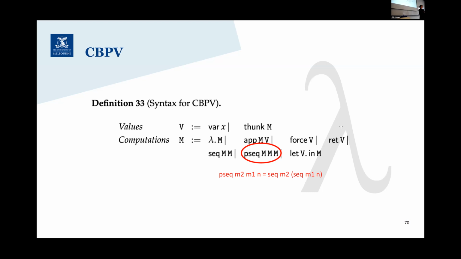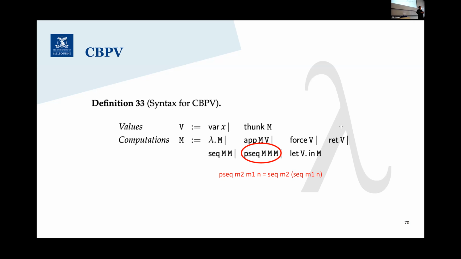seq here. Actually, I should introduce seq first.